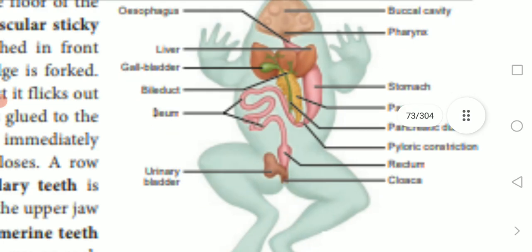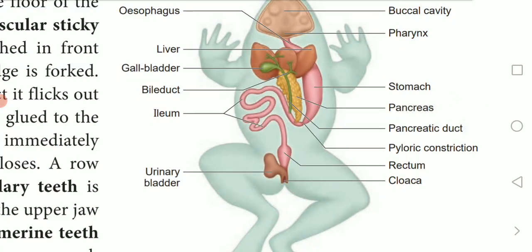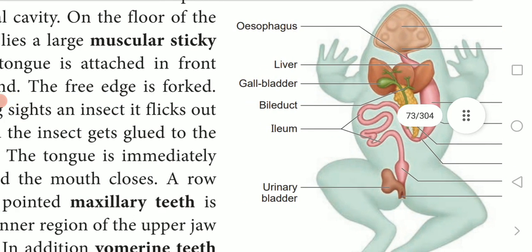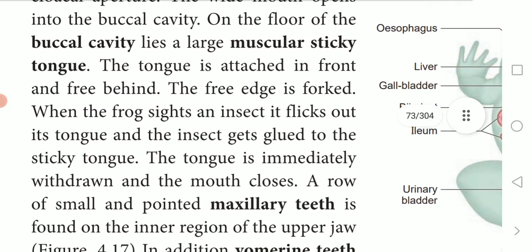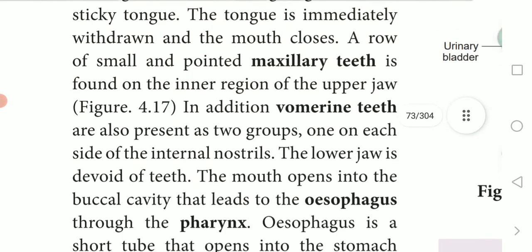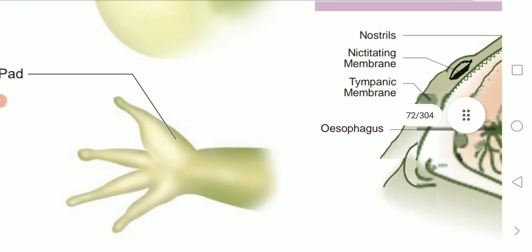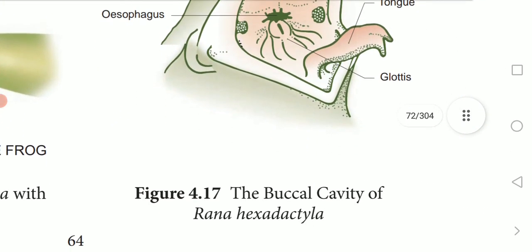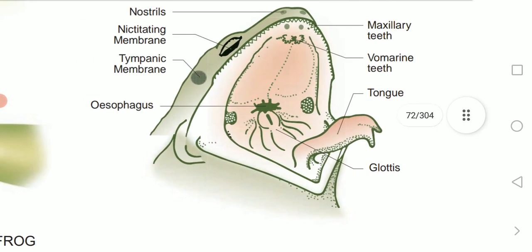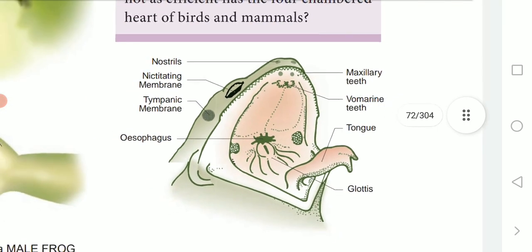Today we have seen the respiratory system and digestive system of the frog.